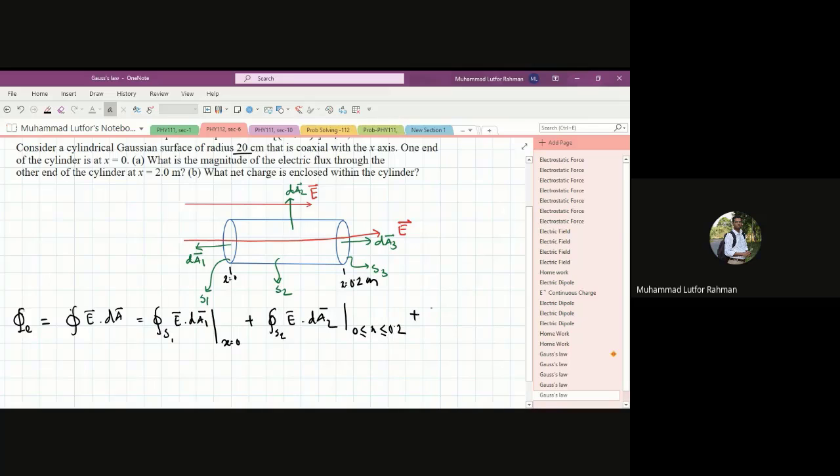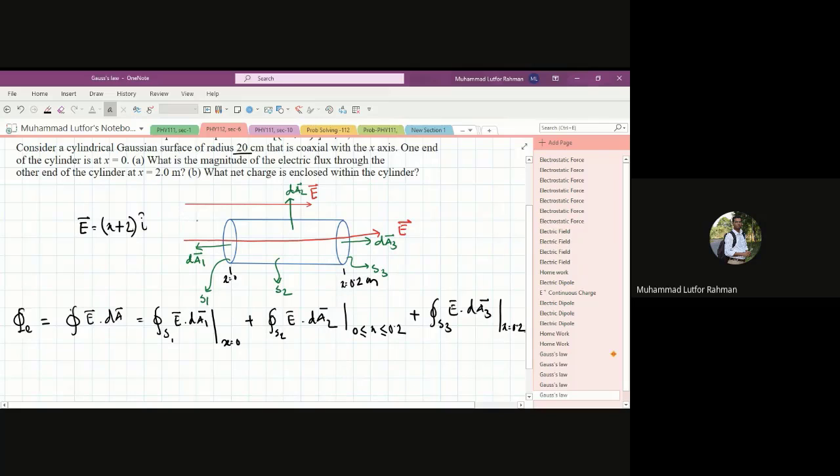And for S3, E dot dA3, when x equal to 2. Because if you change the value of x, your surface would be different, because your electric field also depends on the position x, which is x plus 2i.